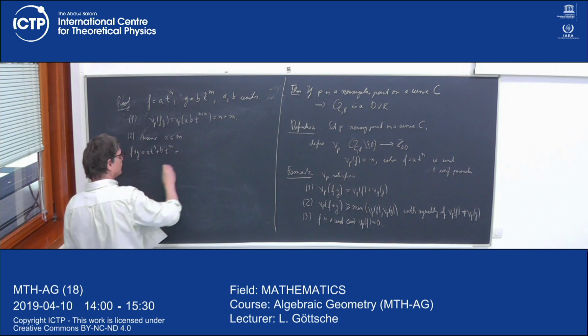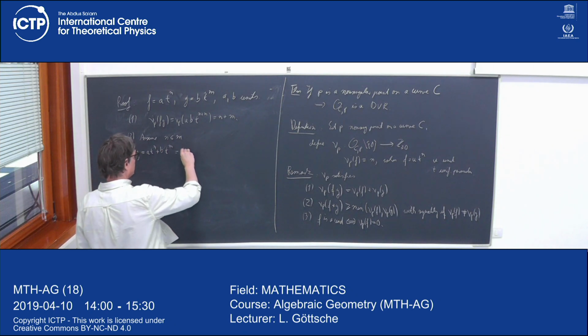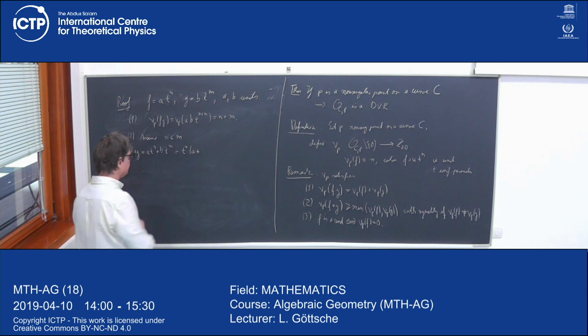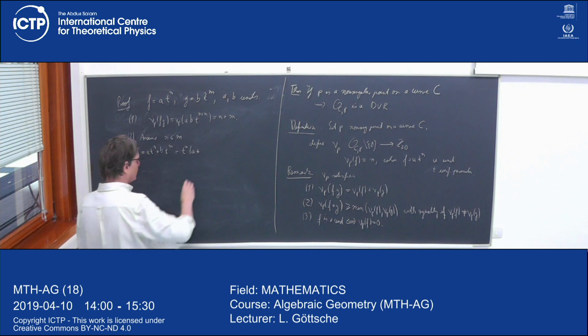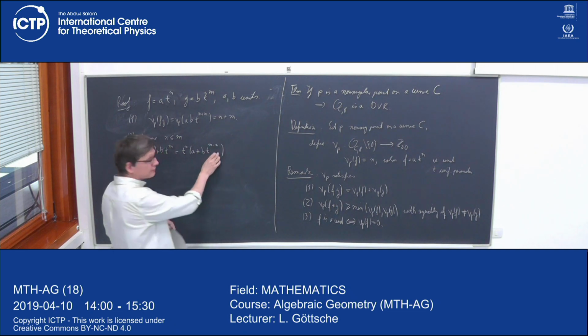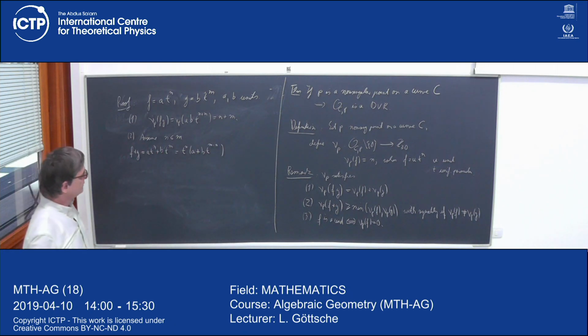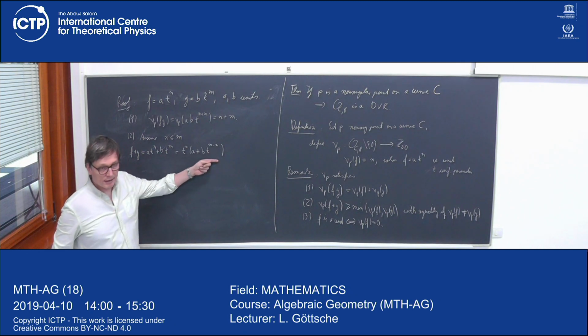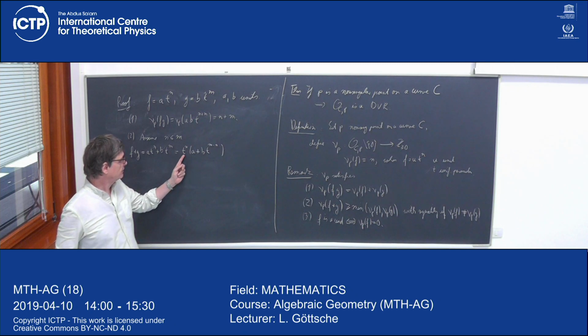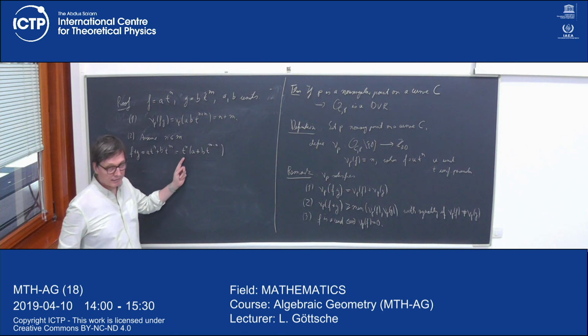This is equal to t to the n times a plus b t to the m minus n, and this exponent is non-negative. So we see this is an element in the local ring, so the valuation of it is bigger or equal to 0. So it means that the valuation of f plus g is bigger or equal to n.